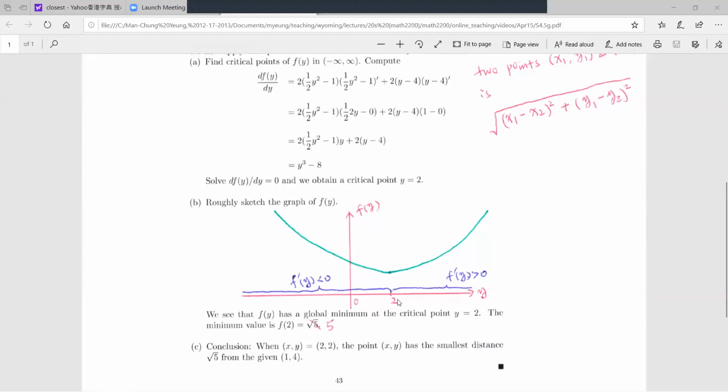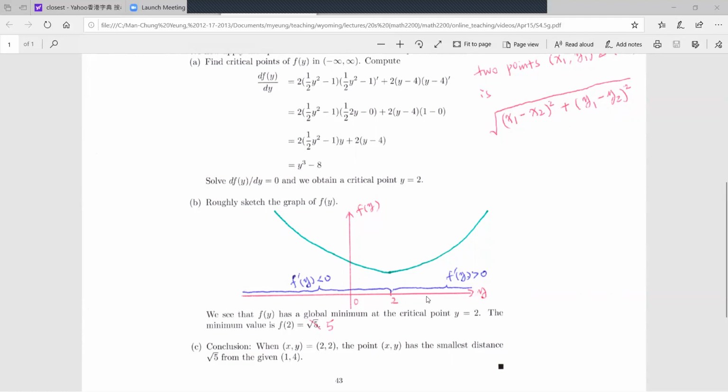Similarly, on the interval 2 to positive infinity, arbitrarily pick a point, plug the point into the derivative, then we see that the derivative is positive. That means that on this interval the derivative is everywhere positive.